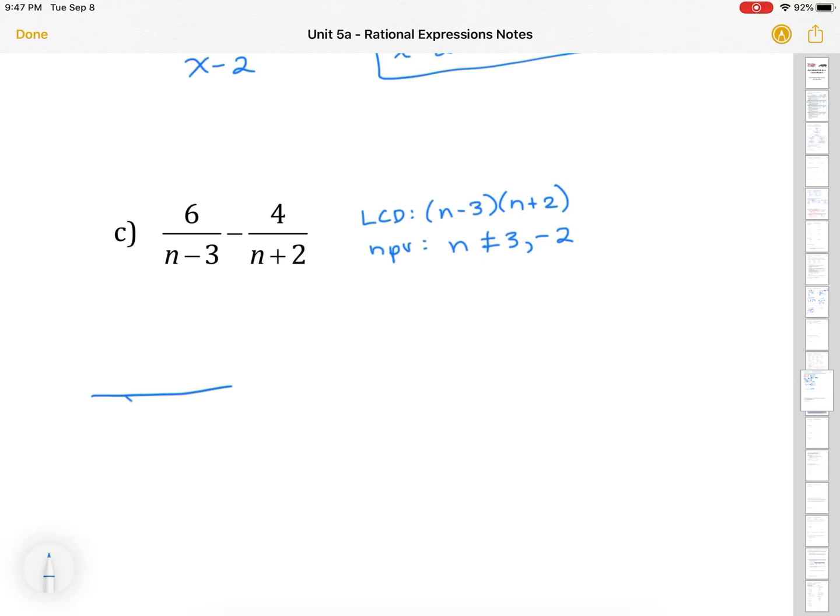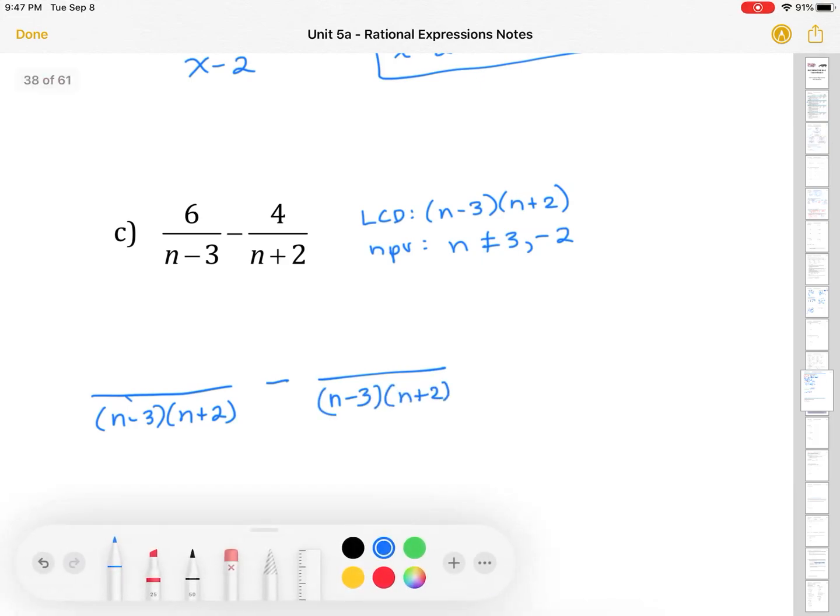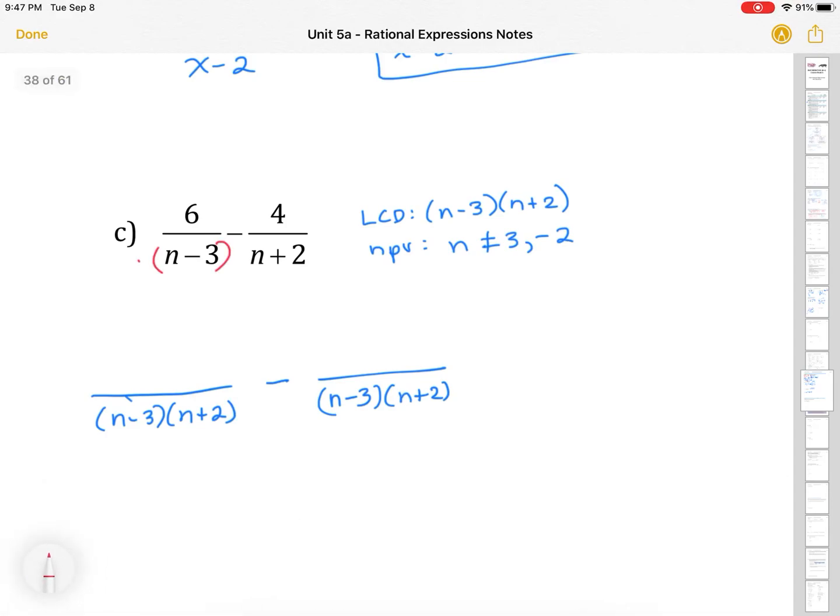So here, I'm going to have n minus 3 times n plus 2 minus n minus 3 times n plus 2. And then what did you do with each of them? Well, here I timesed it by n plus 2, so that's what we're going to do to the 6.